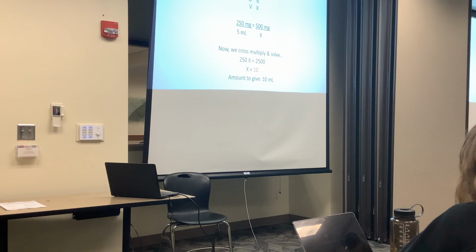Then you cross multiply. So some of you guys have done this. And you still get the 2,500 divided by 250. It's just a different way of putting it, which is 10 mLs. So that is another way, and you can just set it up differently.